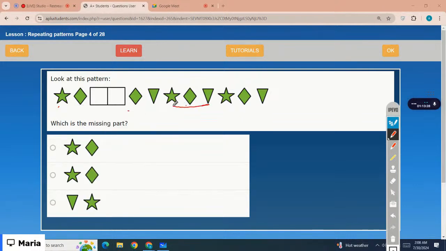So star, diamond, and then the star, diamond, triangle. Basically, that is the pattern, right? When the star, the pattern, that means there you have triangle and there you have star. Which is the missing part? The missing part is option number three, isn't it? The correct option is option number three.